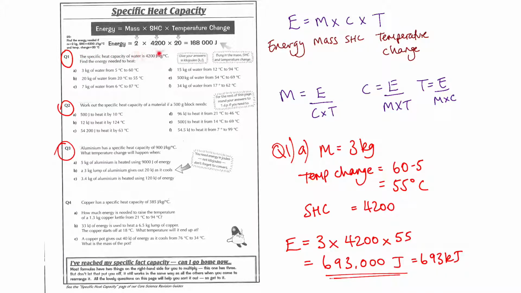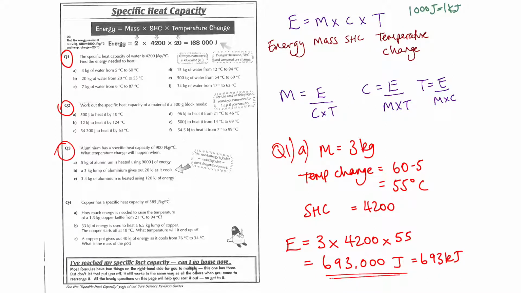The specific heat capacity of water is 4,200. So for all of question 1, you'll need to refer to that. It does ask to give your answers in kilojoules. There are 1,000 joules in 1 kilojoule, so you might end up needing to divide through by 1,000.